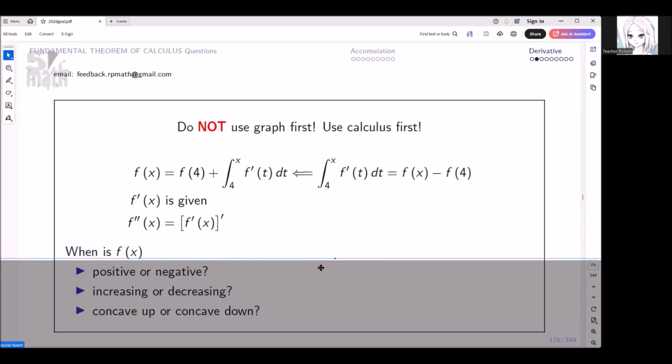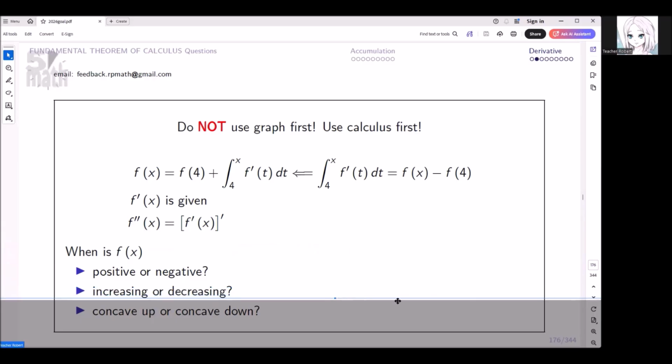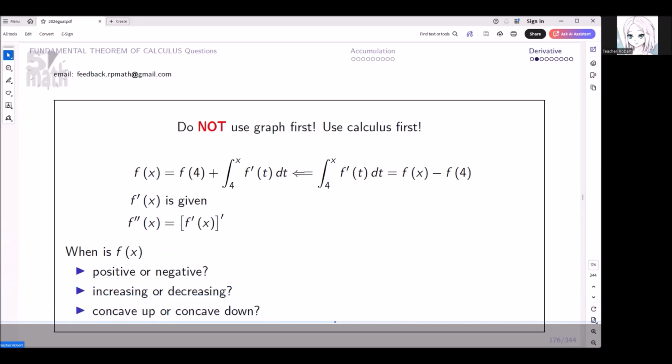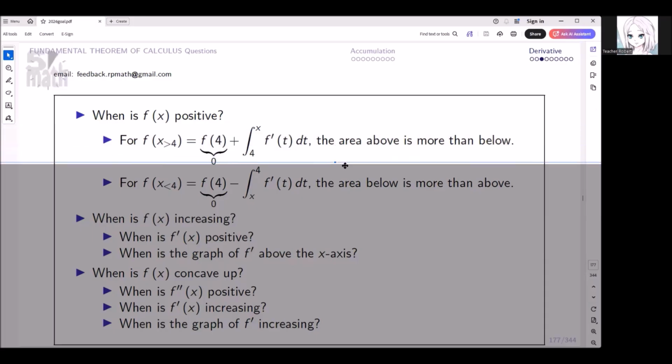When is f of x positive or negative, increasing or decreasing, concave up or concave down? When is f of x positive? For x greater than 4, f of x equals f of 4, which equals 0, plus integral 4 to x f prime of t dt, the area above is more than below.